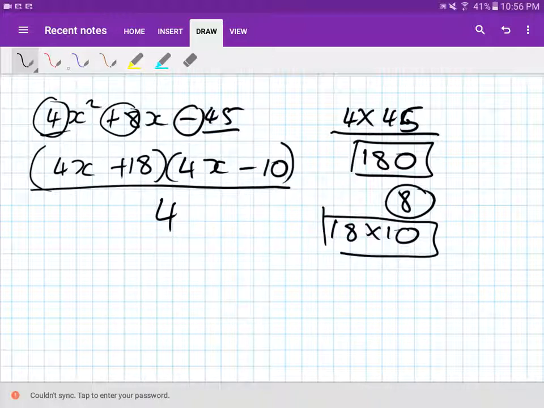Now I take the common factor out for each group. Now 18 and 4, the common factor is, what is it? Of course it's 2. You take the 2 out, gives me 2, that gives me 9. The common factor of 4 and 10 is 2. You take the 2 out, that gives me 2, that gives me 5. Now these two multiplied together give me 4, so I cancel it out.